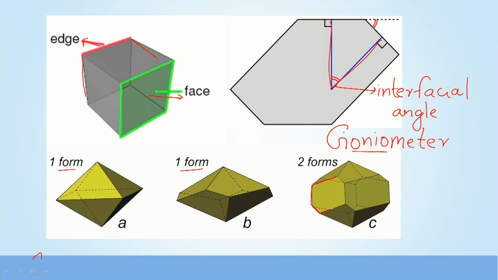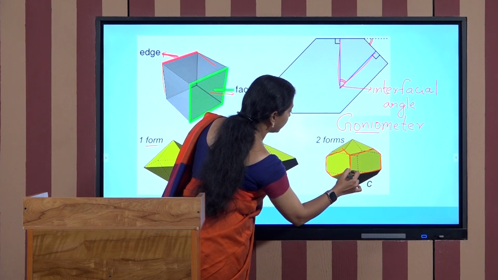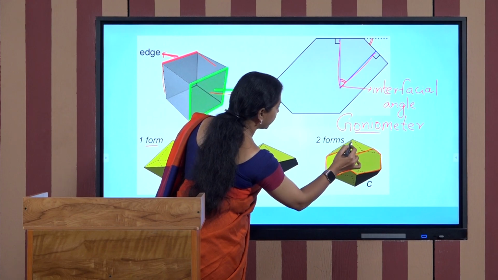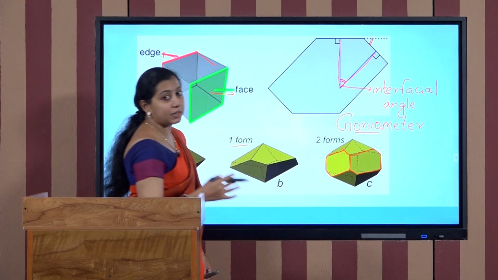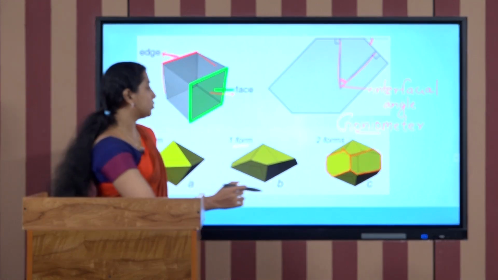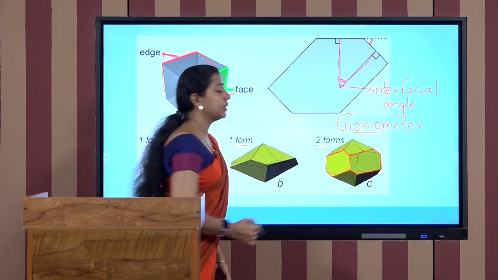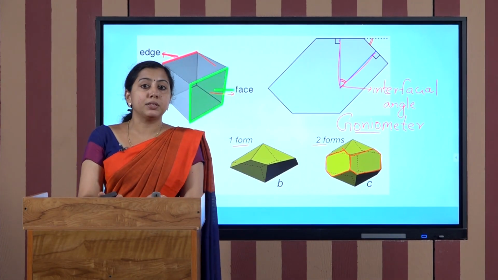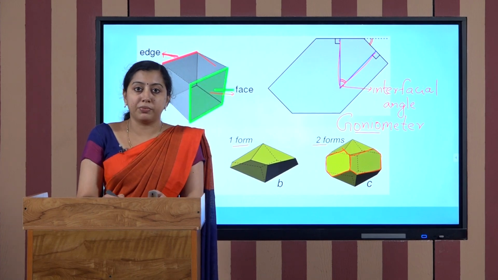So, this one is similar to this one, these two are similar, so this contributes to one form, and here the top and the bottom represent another set of similar faces. So, in total there are two forms in figure C. So, these are some common terms used in crystallography.